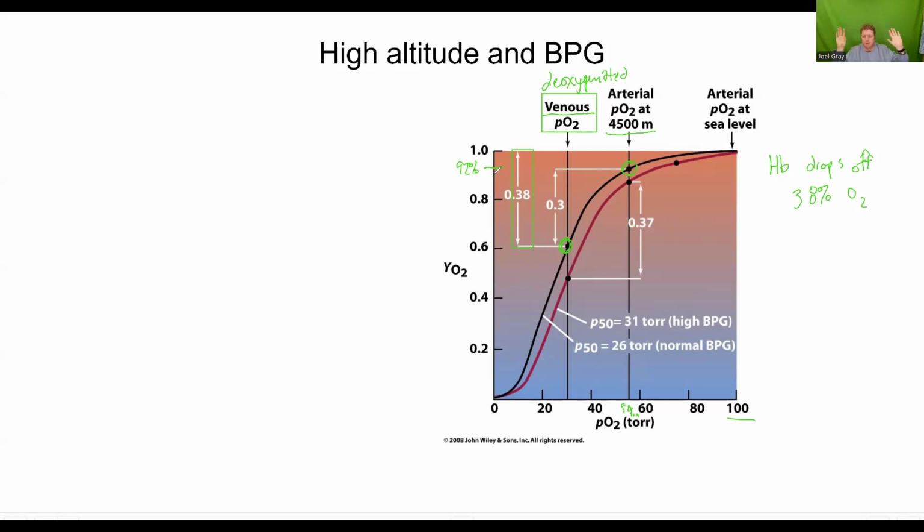Not a physician, but that's just from my observations. 92%, that's not particularly good. And so effectively, when you're at 4,500 meters above sea level, you're starting out in not a particularly good state. And so every time you inhale and exhale, you're not taking on enough oxygen.